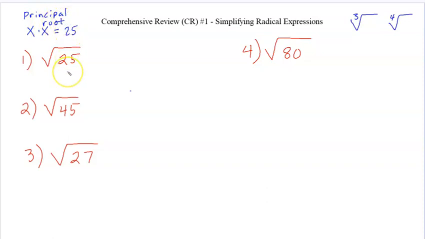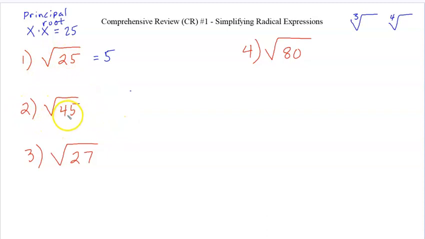And that's not something I'm going to ask you on a test, but some of you are inquisitive, which is really, really good. And I just want you to know that, yeah, there are two possibilities, but when it's in radical form and we're asked to provide just the principal root, it is the positive. When there are two choices, the principal root will be the positive of those two choices. Okay, so that takes care of number one.